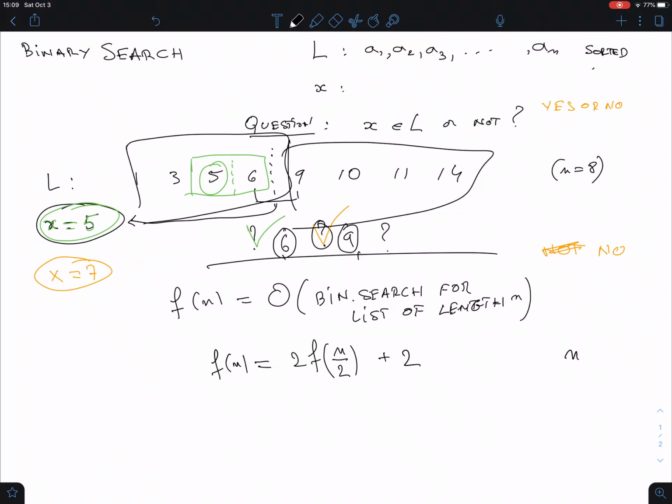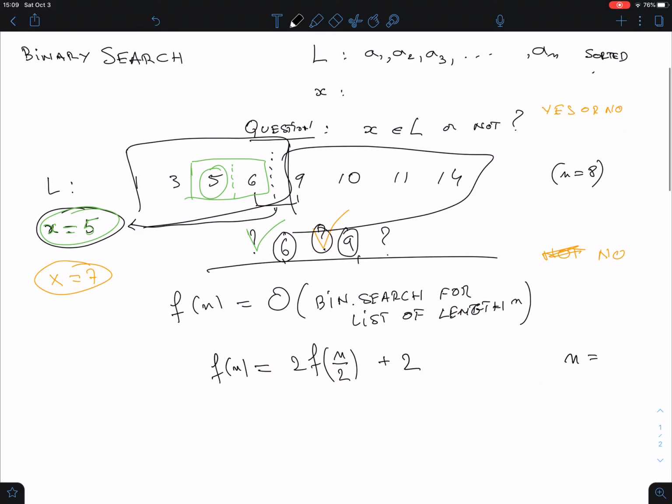But remember, you have to repeat this. So, okay, if n is even, let's say 6, then the next problem, you've divided in two subproblems of size 3, but those are not even anymore. So to make sure that everything stays even all the time, we take n to be a power of 2. Okay? And that is not a big problem.